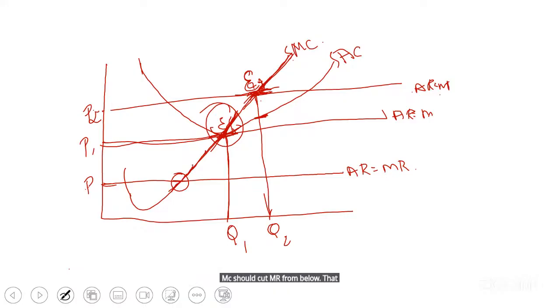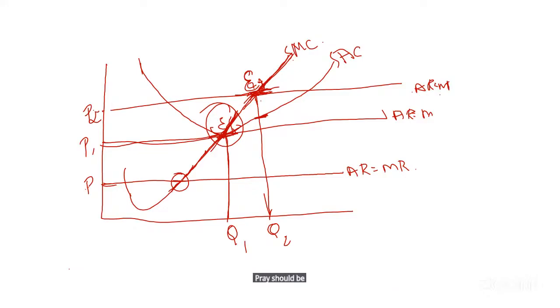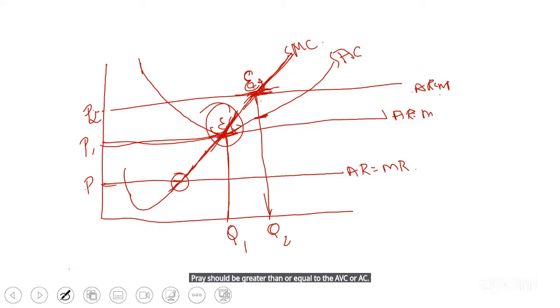That is also fulfilled. Then why is it not an equilibrium point? The fourth condition, price should be greater than or equal to AVC or AC. Here is the price line and here is the AC curve. Which is higher? AC, cost. When you know that your cost is greater than the price, and you are definitely going to incur loss, will you produce? No. So this is not an equilibrium point.